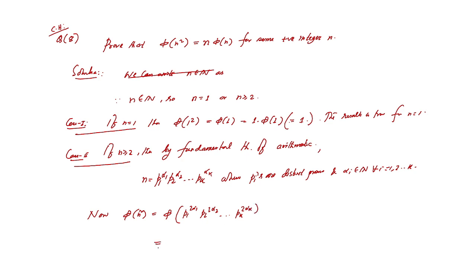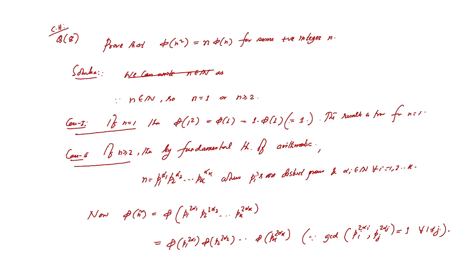Since they are distinct primes, we can write it as phi of p1 to the power 2 alpha 1, phi of p2 to the power 2 alpha 2, phi of pk to the power 2 alpha k, since GCD of pi to the power 2 alpha i and pj to the power 2 alpha j is always 1 for all i not equal to j.